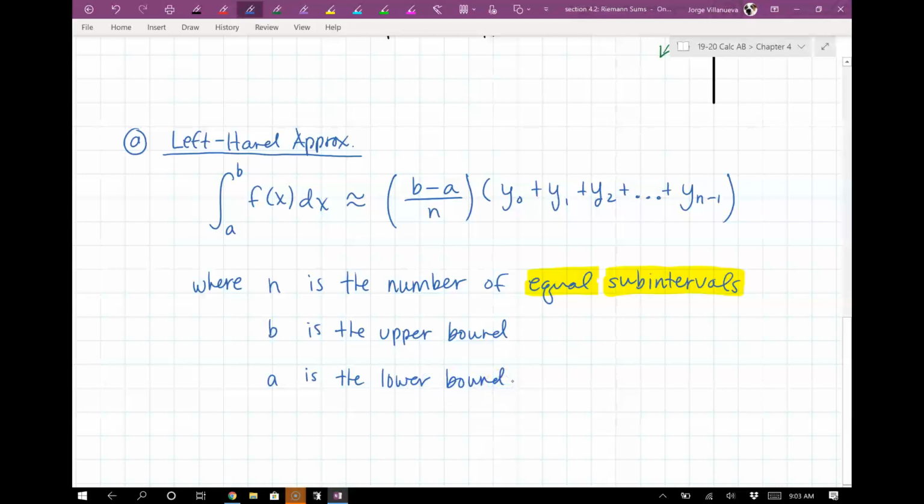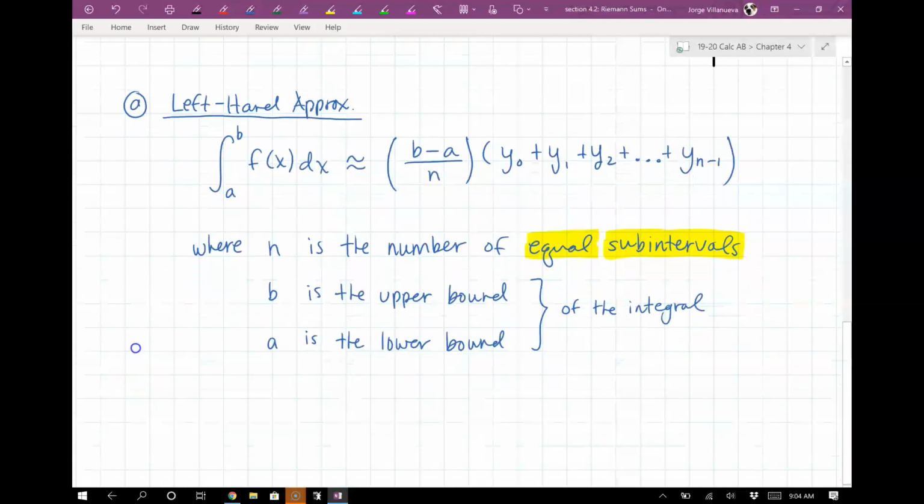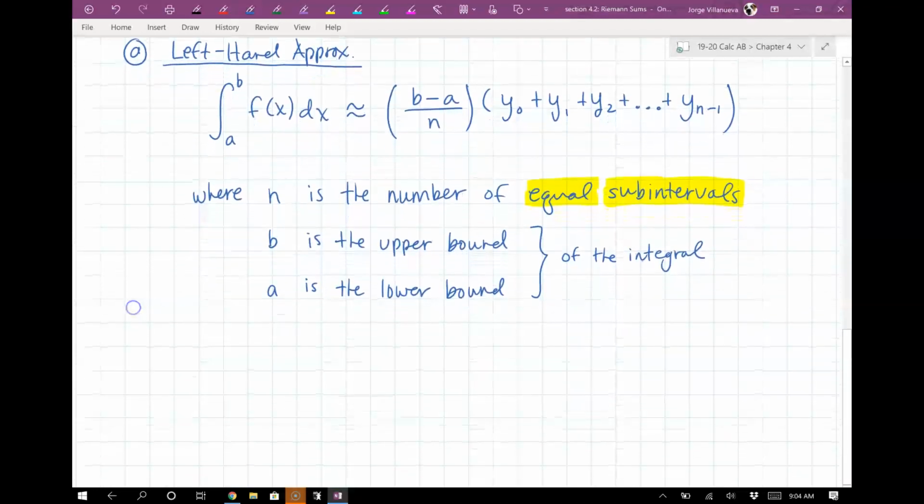Okay? Now, this belongs to the integral. The stuff we wrote in the very beginning, right? Integral from a to b of f of x dx. So a and b are the upper and lower bounds.